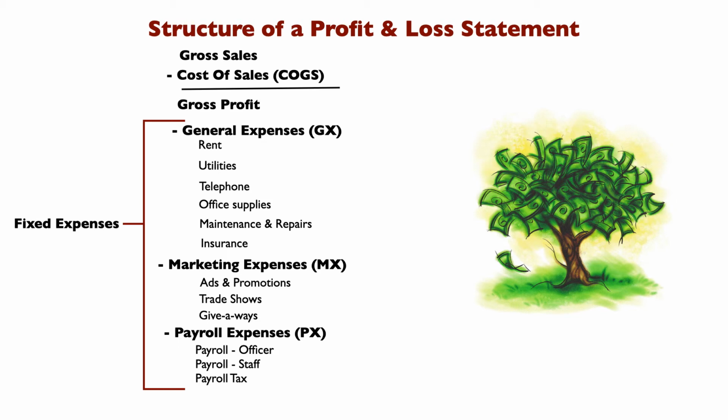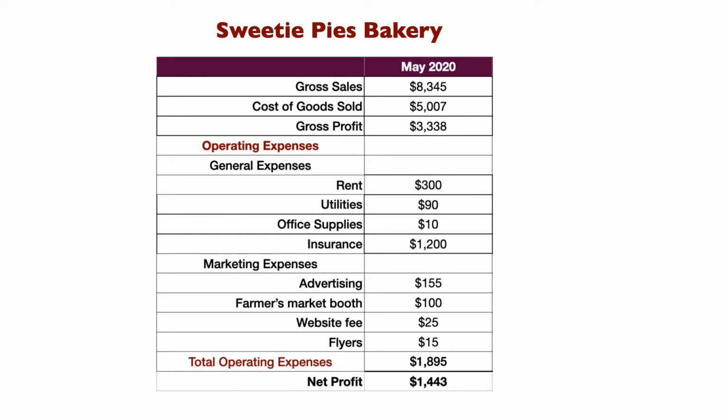So that's the structure of a profit and loss statement. Let's take a look at a sample one, a very simple example. Our friend Sarah opened a pie shop a few years ago, and she's agreed to share her profit and loss statements with us. Let's take a look at her current P&L from May of this year. Here we can see her gross sales, her cost of goods sold, and gross profit.